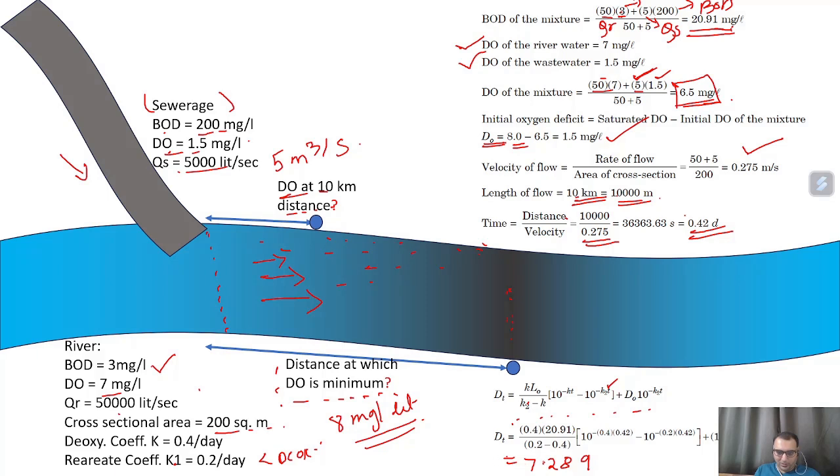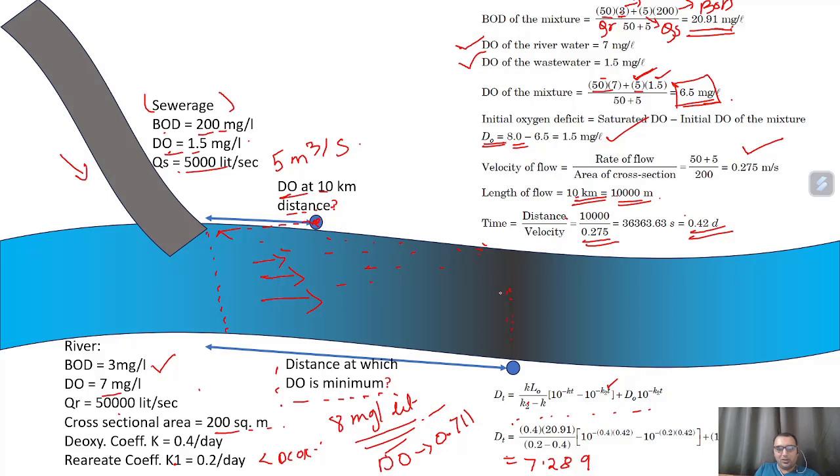So if you subtract 7.289 from 8, you should get something around 0.711. So 0.711 is the dissolved oxygen at 10 kilometers. See, it's very less. So I don't think that any life will actually exist even at 10 kilometers.